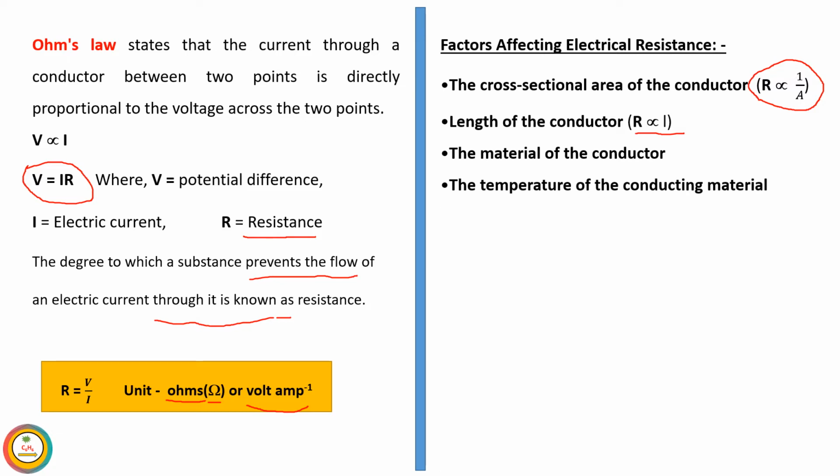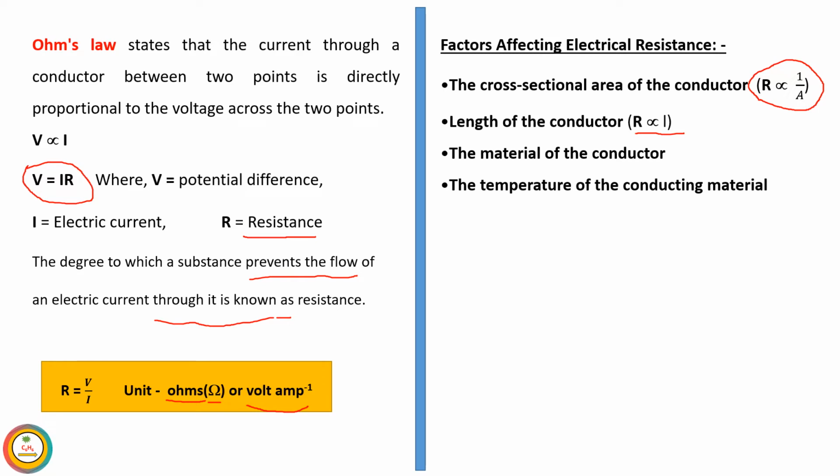When we increase the temperature, generally resistance decreases. But it is not true in the case of metals. When we raise temperature, a metal's resistance also increases. But in the case of semiconductors and non-metals, when we raise temperature, resistance decreases.